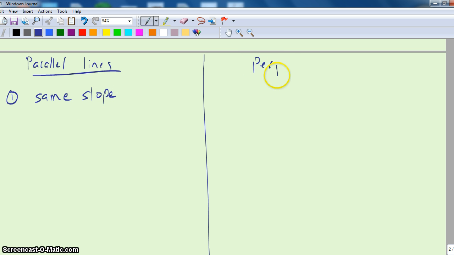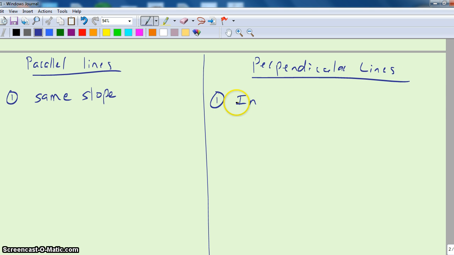Perpendicular lines, they have inverse reciprocal slopes. And you're like, what, sir? What are you talking about? Well, here in parallel, your slopes, I call slope M, just so you know.